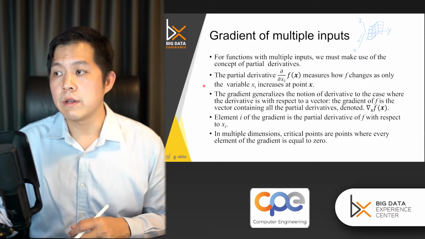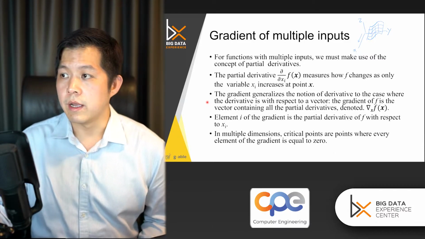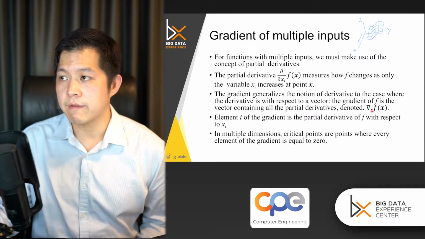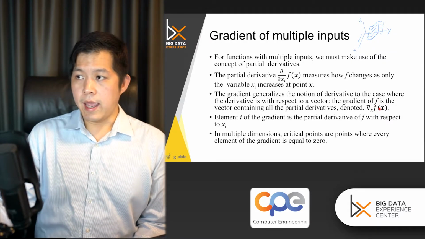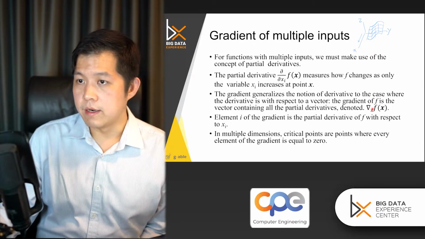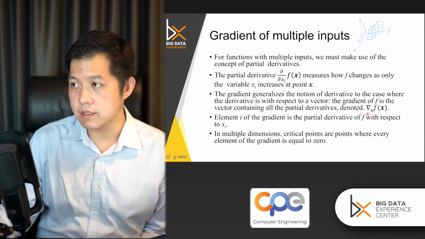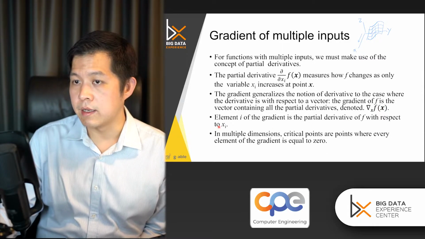Okay. So the gradient of the partial derivative here, and also in the book, is denoted as this symbol. This is the gradient, the partial derivative with respect to x, of function f(x). And when we write it like this, for element i, if we take the partial derivative with respect to x, and x is a vector, then it means that we also take the derivative with respect to the element x_i.